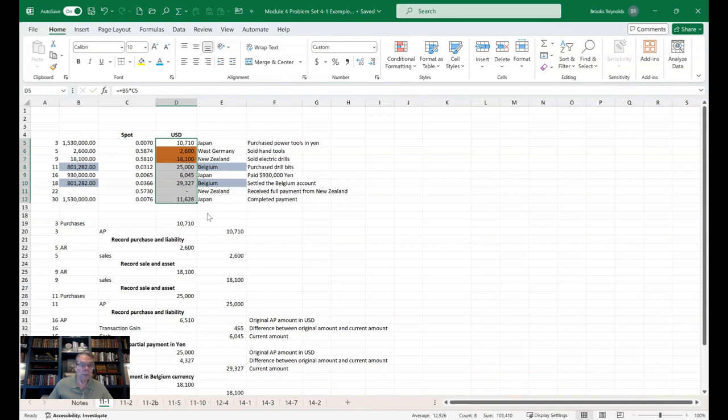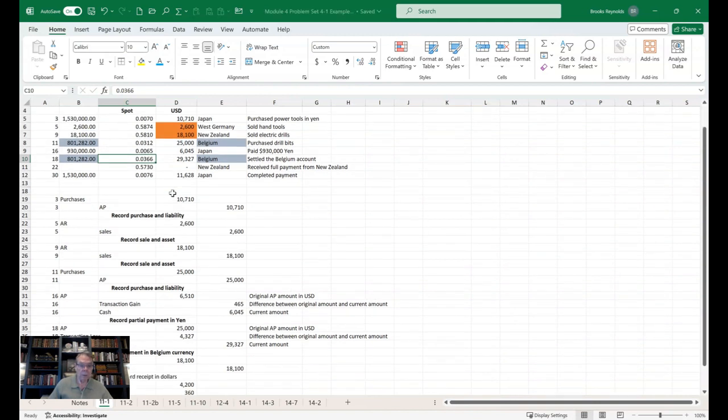All right, so that's the cash we actually have to come up with. And that means that the difference, debits equal credits, is going to be a transaction loss, really because the currency at the time changed from 0.0312 to 0.0366. So Belgian currency became more expensive, and so we have a transaction loss.